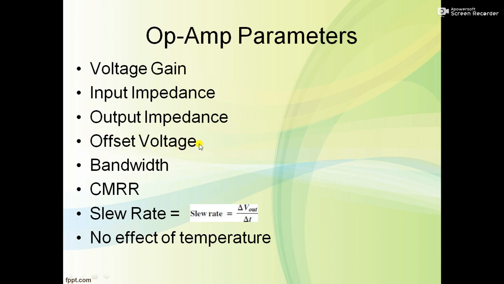Then the fourth parameter, offset voltage. Offset voltage means if two inputs are applied to both the negative and positive terminals of the op-amp, and both inputs are equal to 0 volt, that is called an offset voltage.